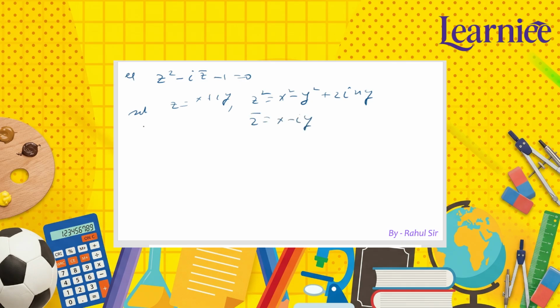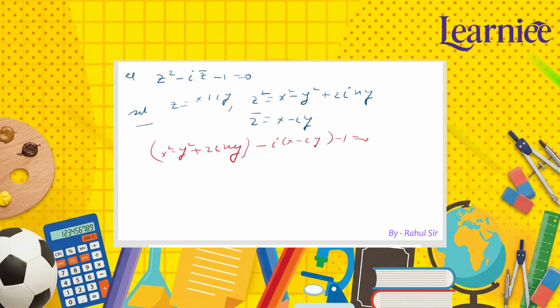So substituting in this equation, I will get x square minus y square plus 2ixy, this is the z square part, minus i times z bar, z bar means x minus iy, minus 1 equals 0.